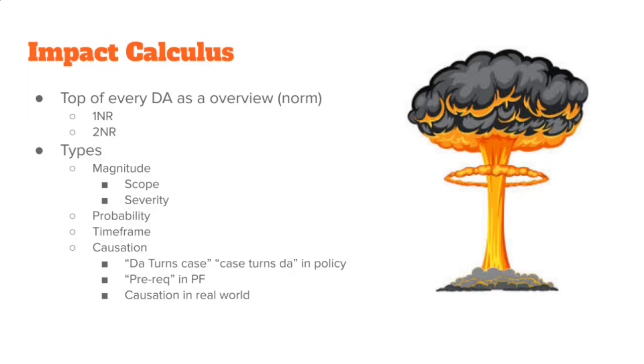However, if you have causation, if warming not only kills 10 people, but it also causes disease, then your impact is now what? 1 billion. You've captured all of their impacts plus added your own.